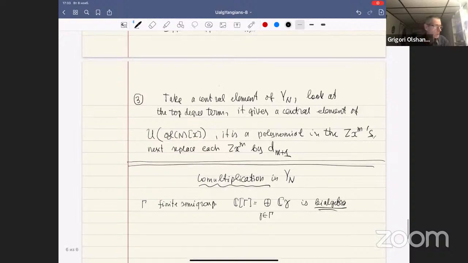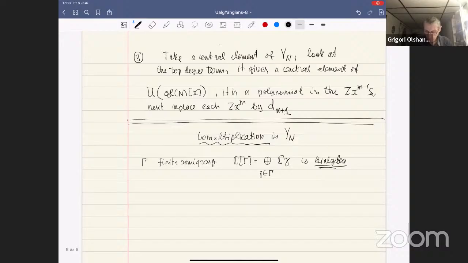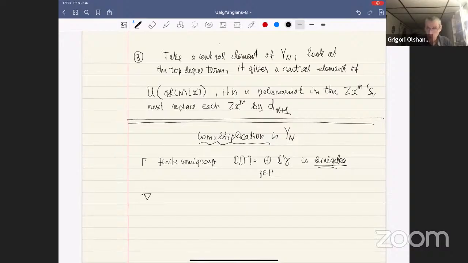What does this mean? This means that we have the usual product, multiplication, and we have another map, delta, which is very simple.